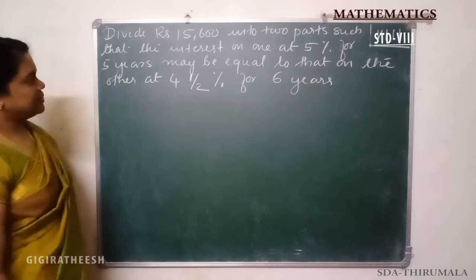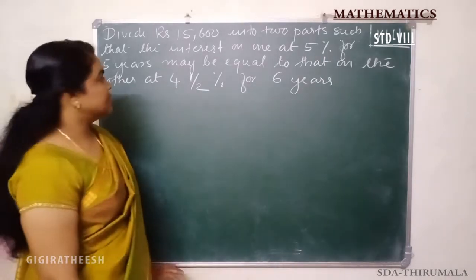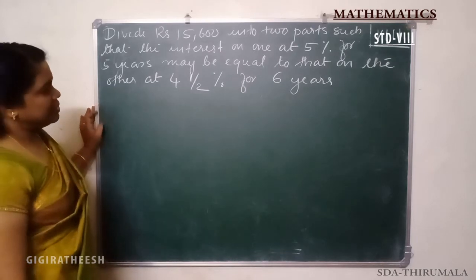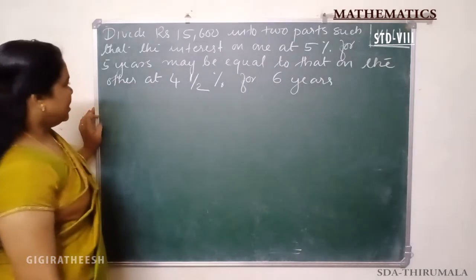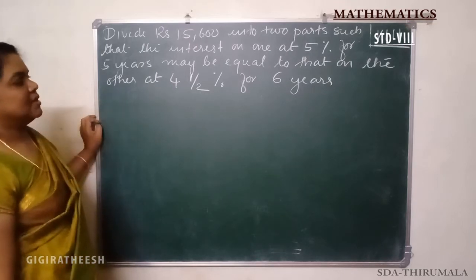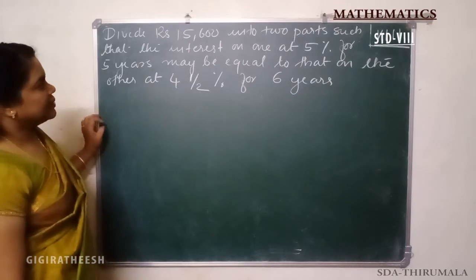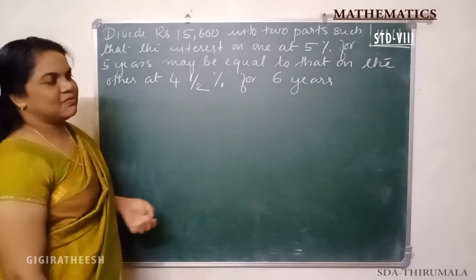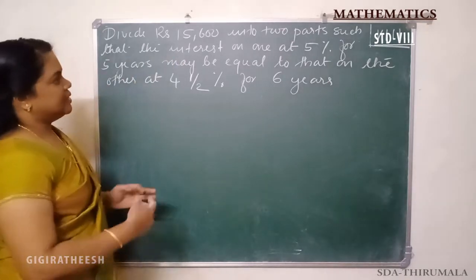Okay, divide rupees 15,600 into 2 parts such that the interest on one at 5% for 5 years may be equal to that on the other at 4.5% for 6 years. Here there are 2 parts, the total amount is 15,600 and this is divided into 2.